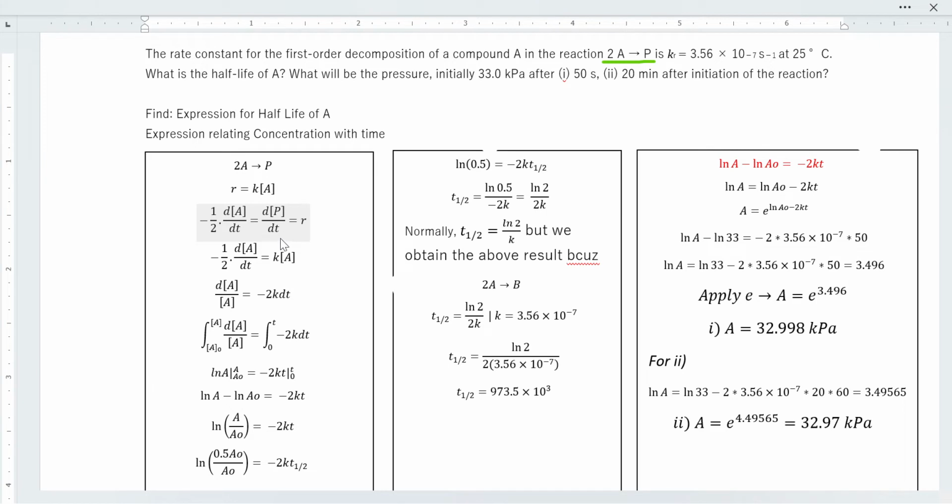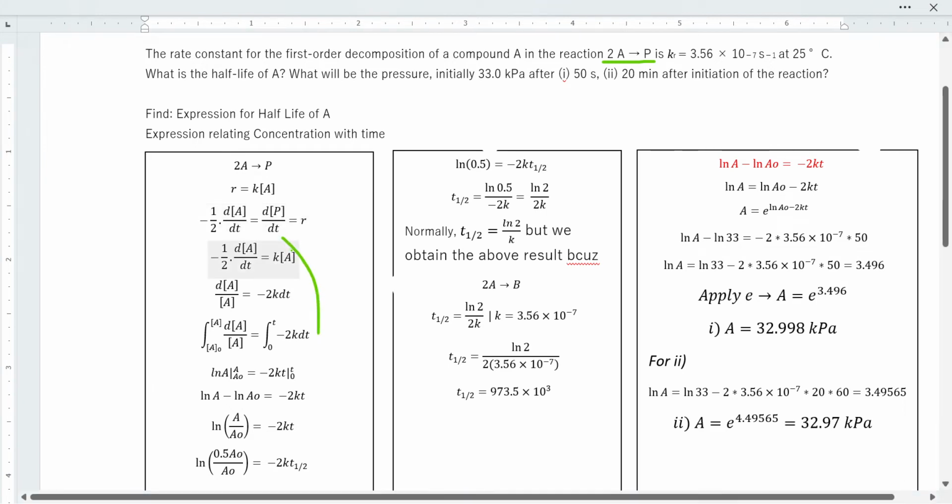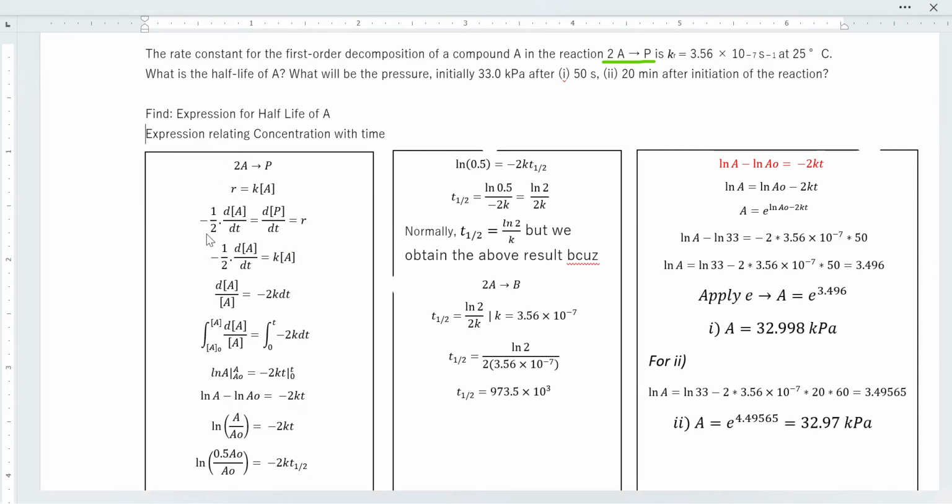The rate of production of P is equal to half the rate of consumption of A, because 2 moles of A make 1 mole of P. There's a negative sign over here because A is consumed, and a positive sign over here because P is produced. So we obtain these two expressions in R.